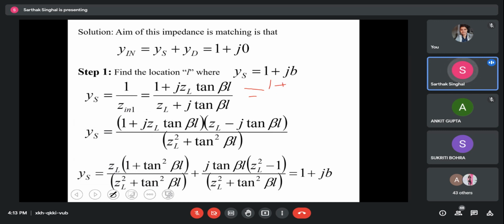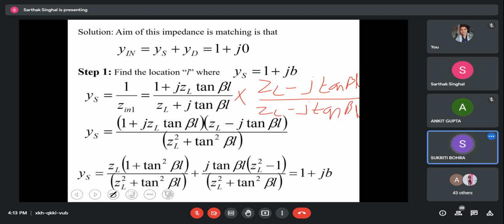So can I write it like this? 1 plus, if I multiply this equation, can I write it like this? ZL minus j tan beta L upon ZL minus j tan beta L. If you multiply this term and this term, what will you get?